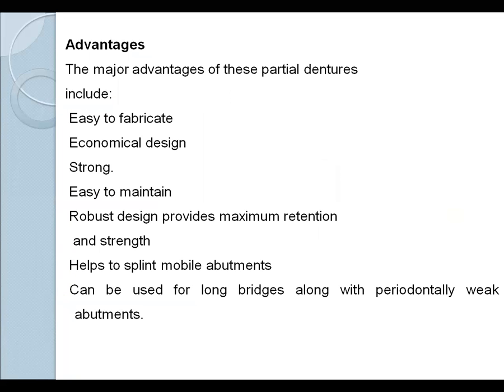The major advantages of these partial dentures include: easy to fabricate, economical design, strong, easy to maintain. The robust design provides maximum retention and strength, and helps to splint mobile abutments. It can be used for long bridges along with predominantly weak abutments.